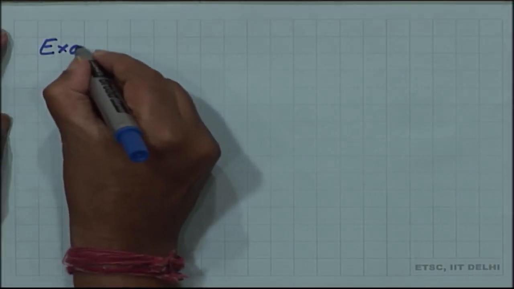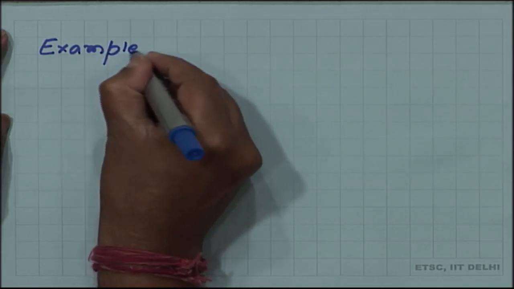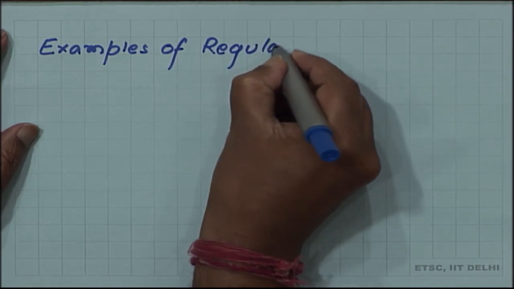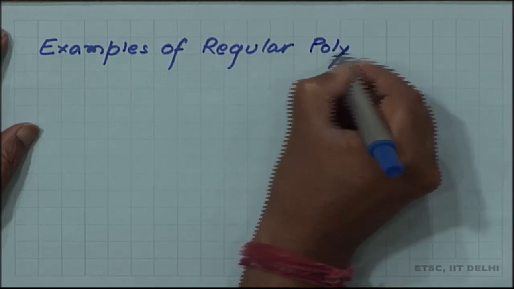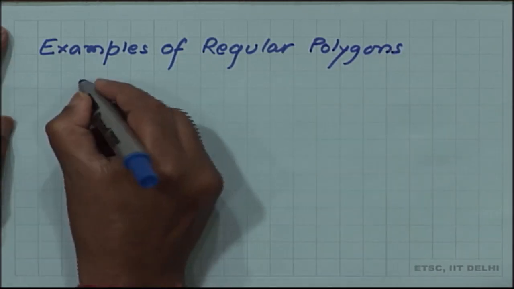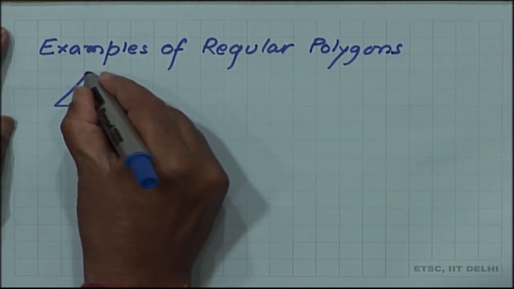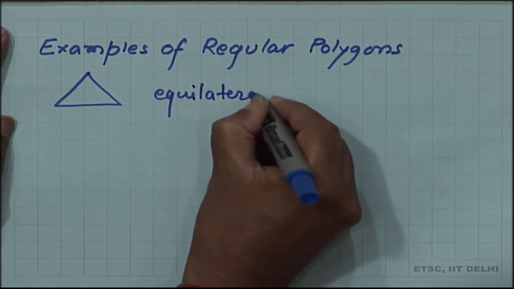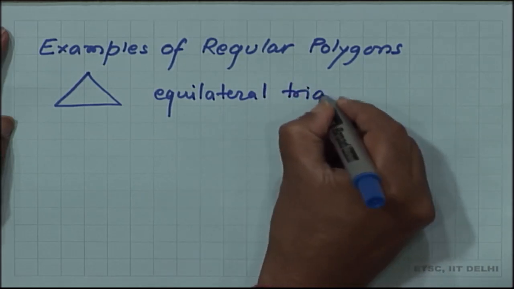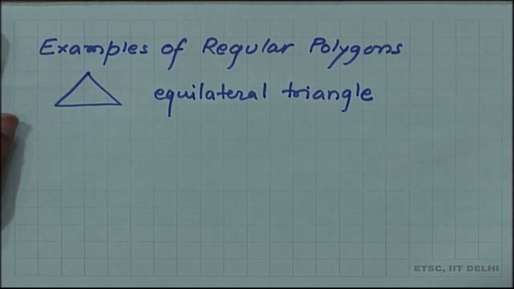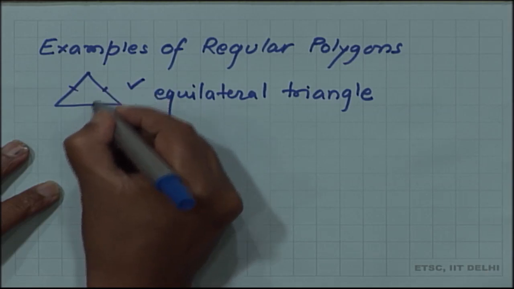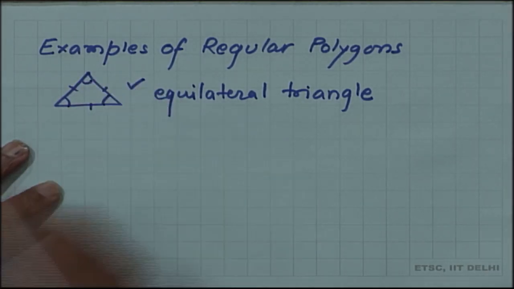Let us look at examples of regular polygons. You are familiar with the equilateral triangle. It is a regular polygon, all sides are equal, all angles are equal to 60 degrees.